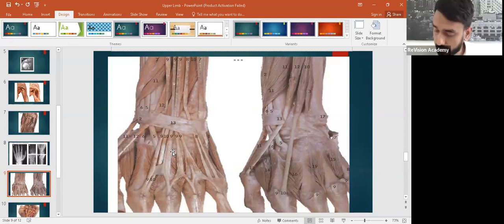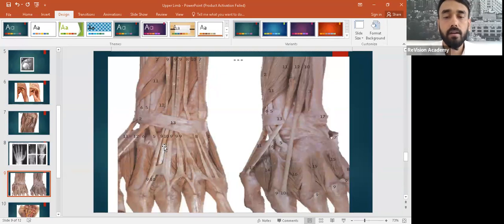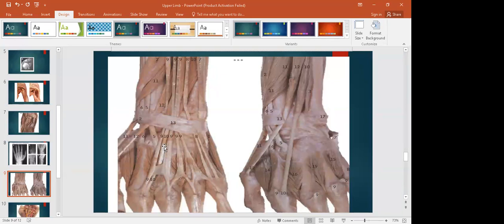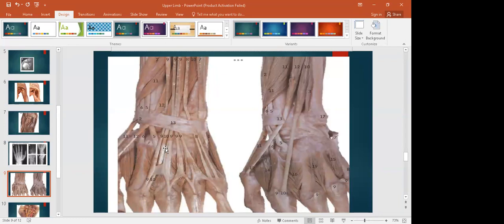And number 9? I think I just confused. Number 9 is extensor digitorum, and number 10 is extensor indicis. Okay.